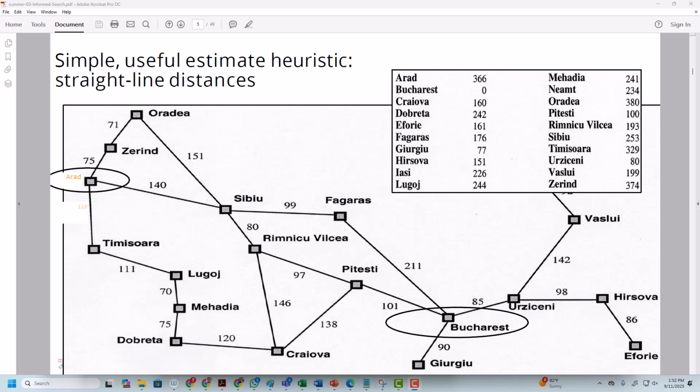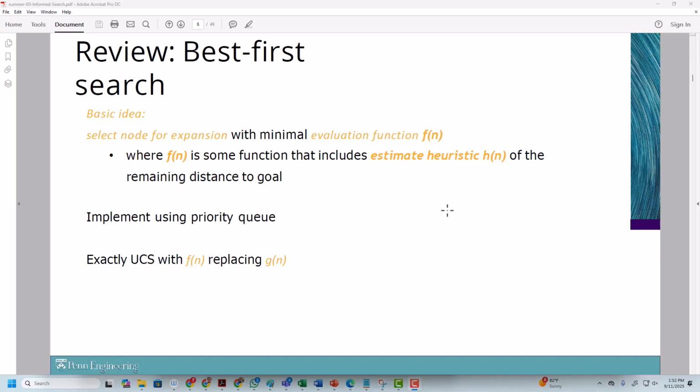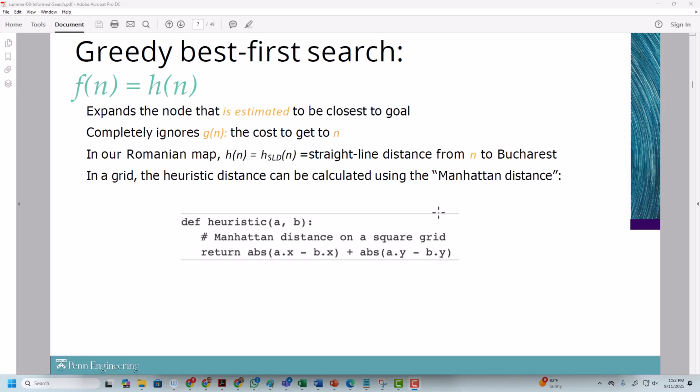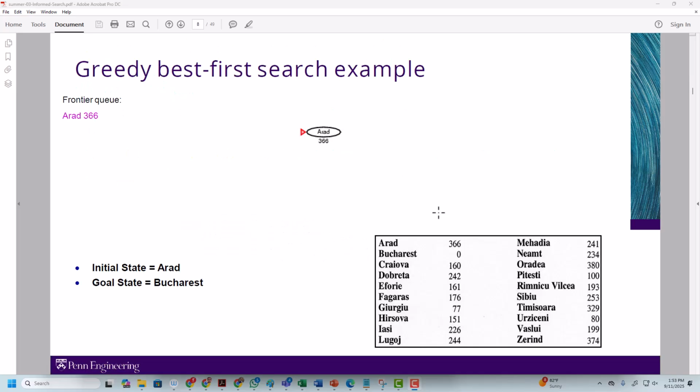This is the Romania map problem. We have already said the straight-line distance from any city to Bucharest, h_SLD. For example, h_SLD of Arad is 366. Let's see how it works from Arad to Bucharest. So, greedy best-first search example.